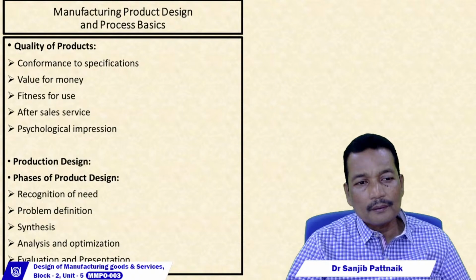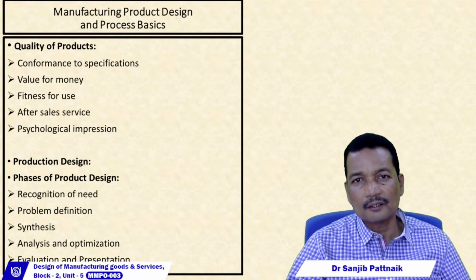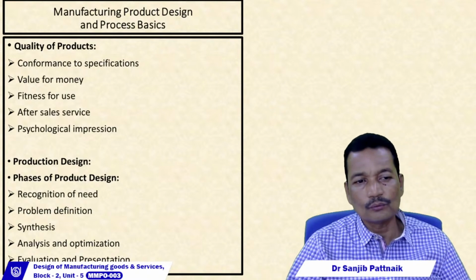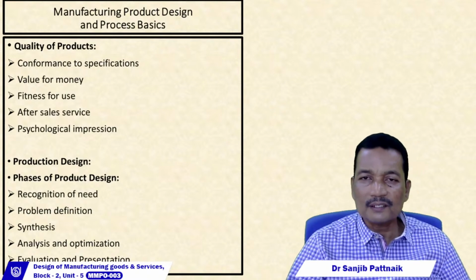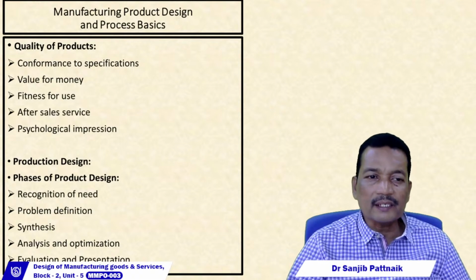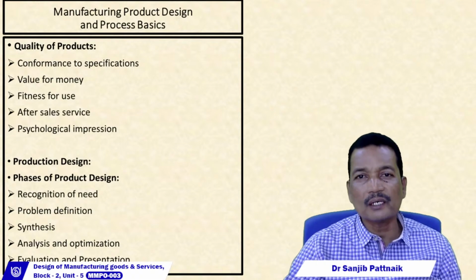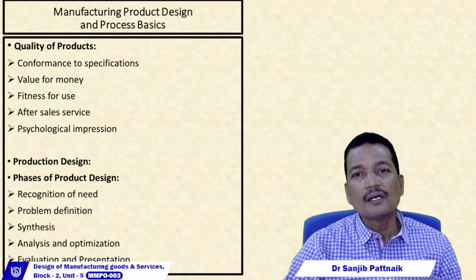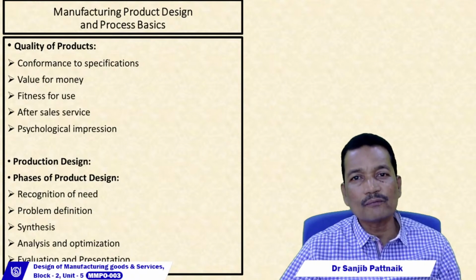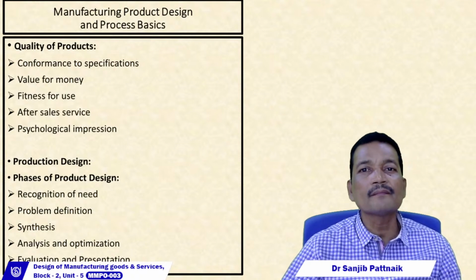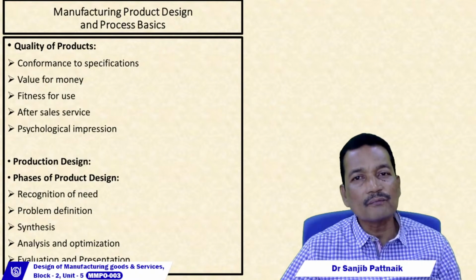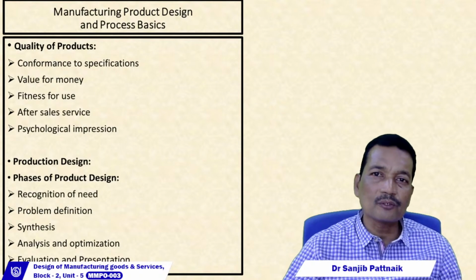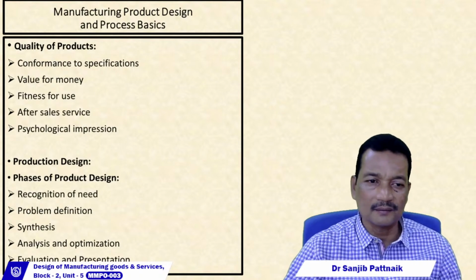While designing the product or services, what are the phases we go through? The first one is when we are talking of designing a product, we are talking of a new product or developing a product out of an existing product having various other features as compared to the older version.